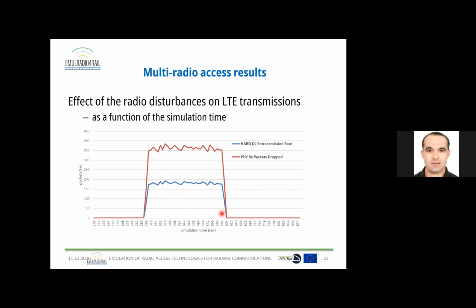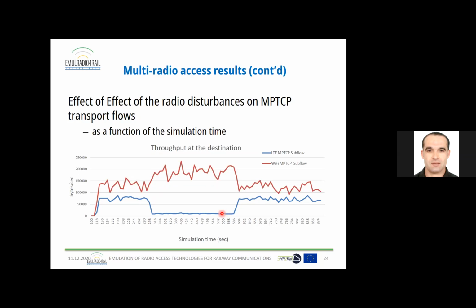And then we try to show the effect of the radio disturbances on the MPTCP transport flow, also as a function of the simulation time. So here we can show that the disturbance on the LTE impacts data exchange at the transport level. So here we can see the MPTCP flow running over the Wi-Fi technology and the MPTCP flow running over the LTE.